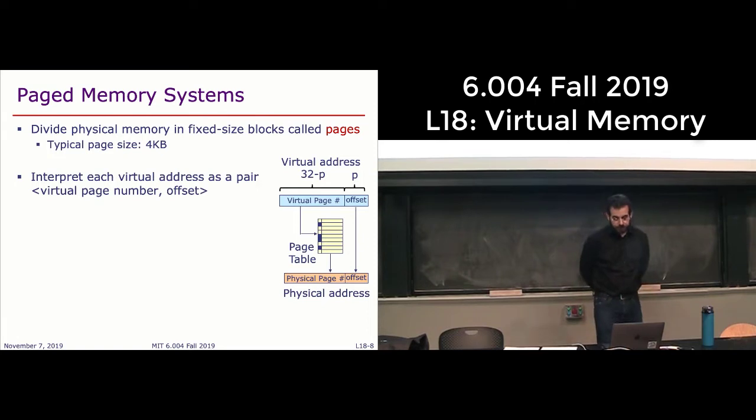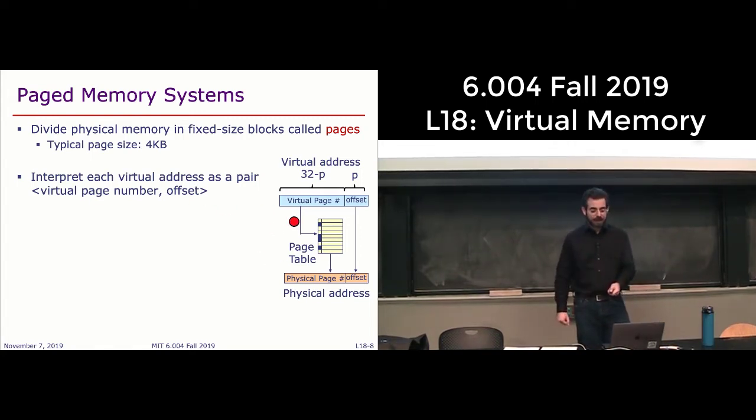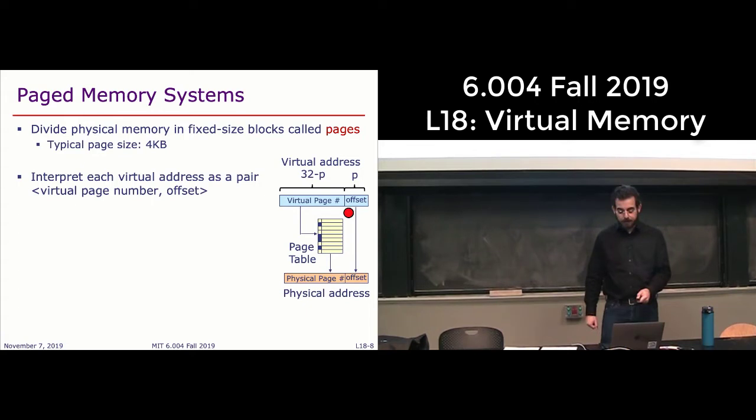And then what we do is we allow each process to have its virtual address space consist of some disjoint set of pages. And to do this, we have to do a level of address translation that's a little bit more sophisticated. We're going to have this new structure that we call a page table. So first, we're going to divide each virtual address into 2 components.